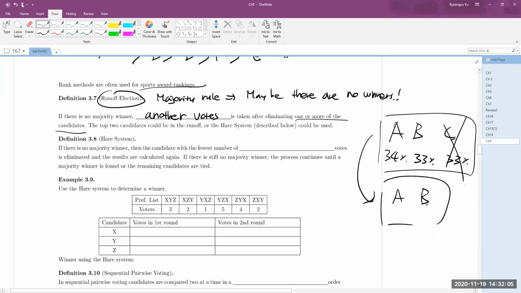But if there is no majority winner, then they choose only the two who got the most votes, and they vote against each other. So these are called runoff elections.